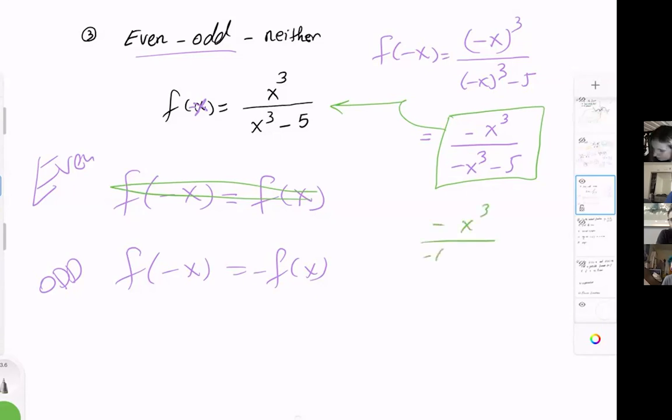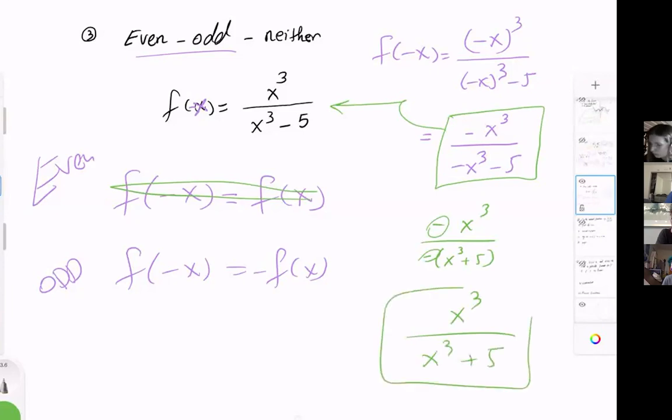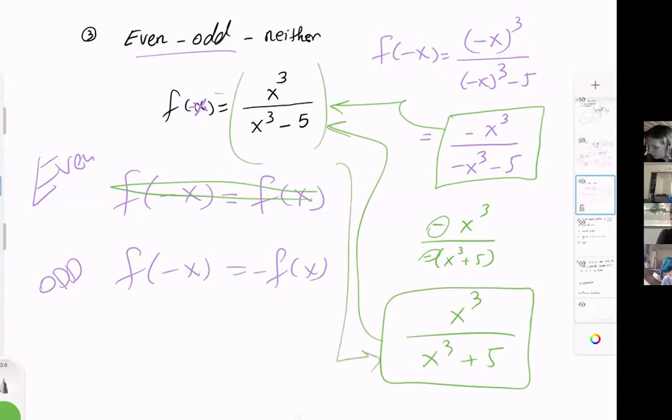If I take the negative from the denominator, we're going to get x cubed plus 5. Negative negative is positive, so I'm going to get x cubed over x cubed plus 5. So this is the final answer. It's not the same as that, and it's not the negative of that. That means if I multiply this by negative, I'm not going to get this one. So it's not odd. Therefore, it will be neither.